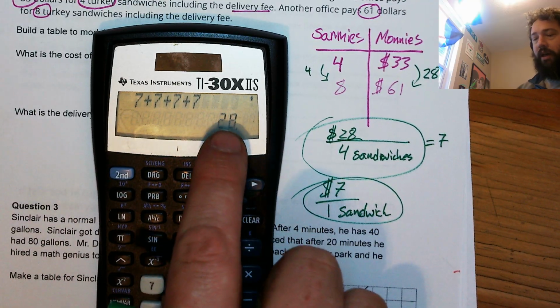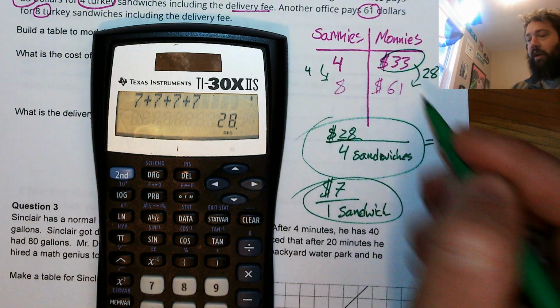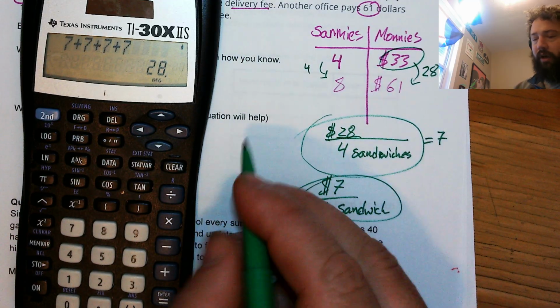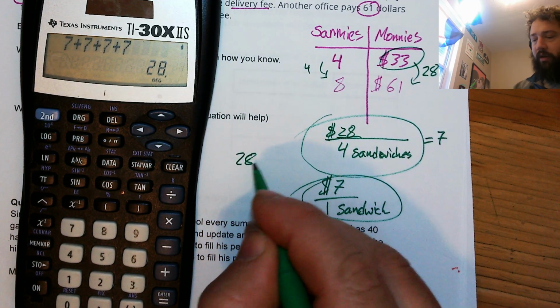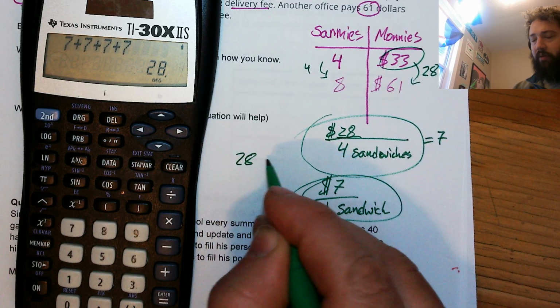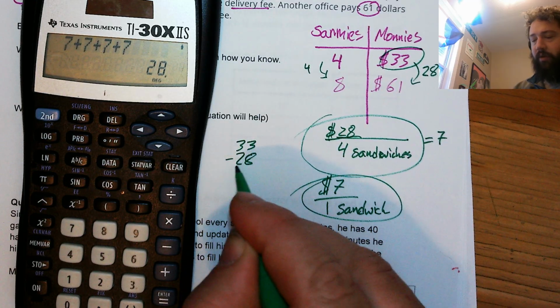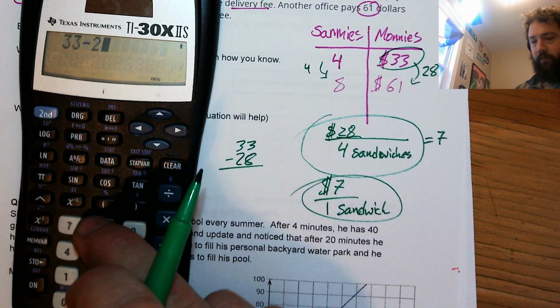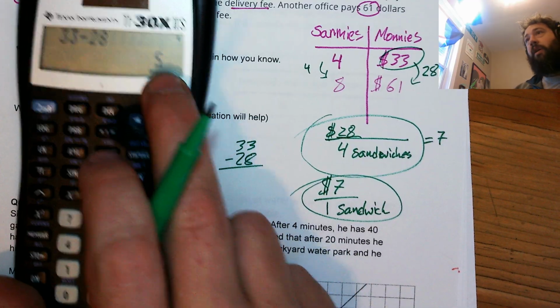That's $28. Why am I paying $33? What's the difference between 28 and 33? So I take 33 minus 28. Looks like I'm getting 5.